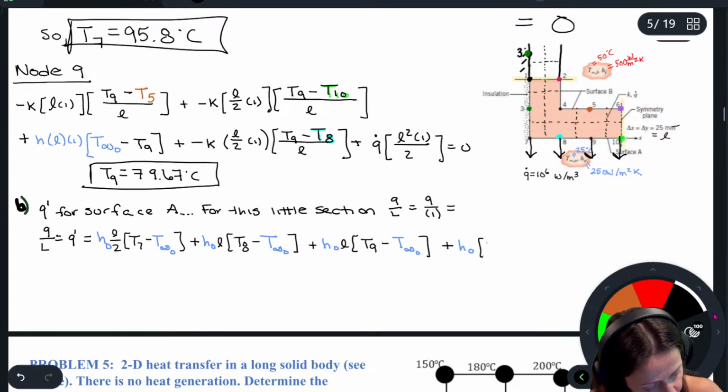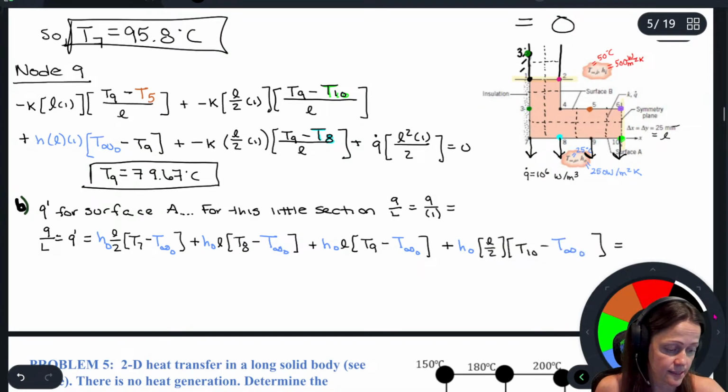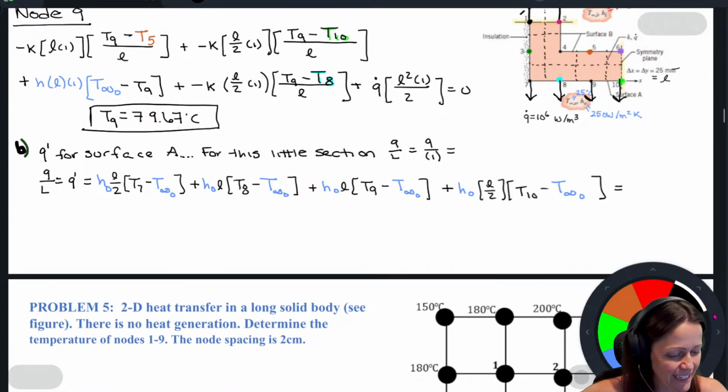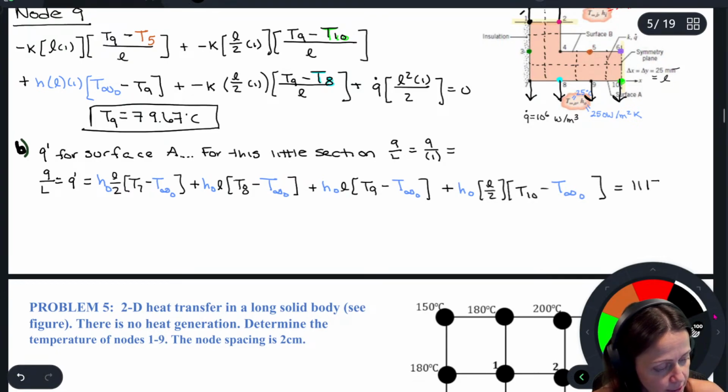It's a half area, L over 2 times my T10 minus T infinity, the outer. All right. And that's got to be equal to something. So I end up getting, for this guy, 1117 watts per meter.